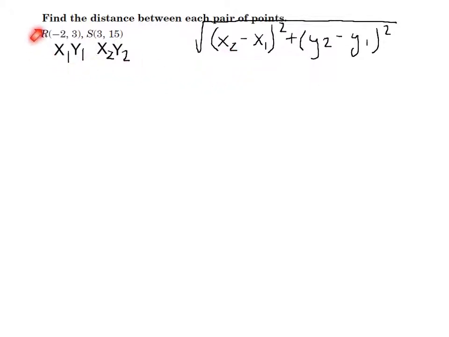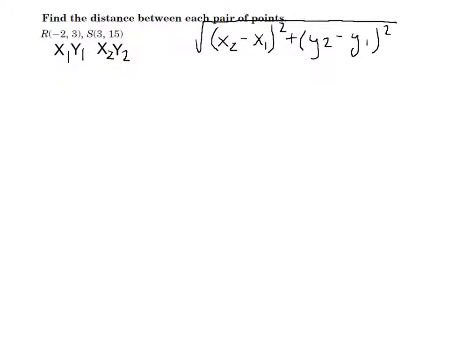So over here, I want to find R and S. These are the same 2 coordinates from the one we just found in the graph. Each coordinate pair is set up with an X and a Y. The X sub 1 and Y sub 1, that just means the X and the Y from our first point. And the X sub 2 and Y sub 2 mean the X and the Y from our second point.